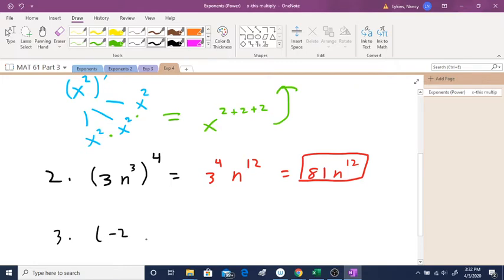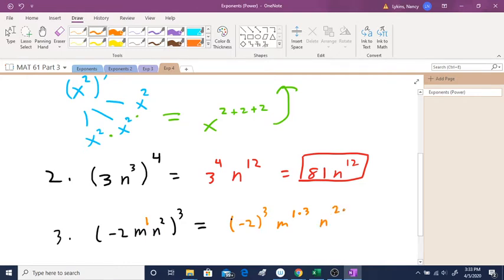Maybe I have negative 2 m n squared to the third power. Okay, so this means I'm going to put my negative 2 to the third power. I'm going to say m. Now, this is an understood 1. So this is like saying 1 times 3.